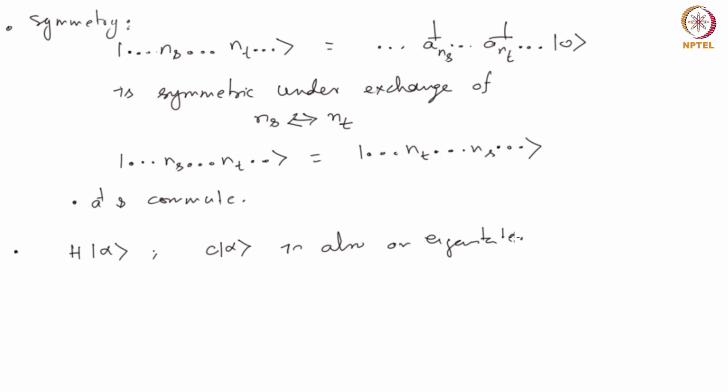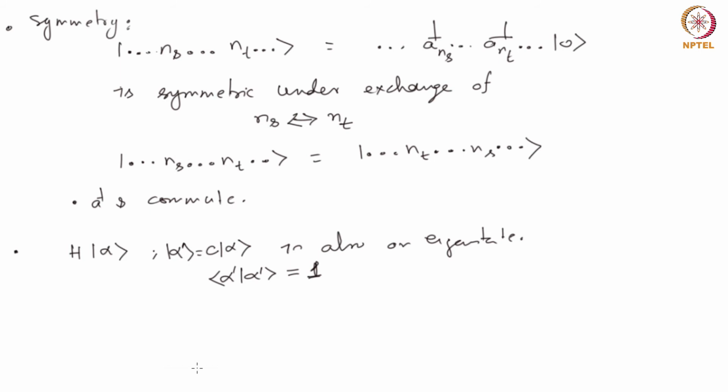And you would like to normalize the states, meaning fix the C such that if I call this alpha prime, this inner product is 1. So I have to find C such that this happens.